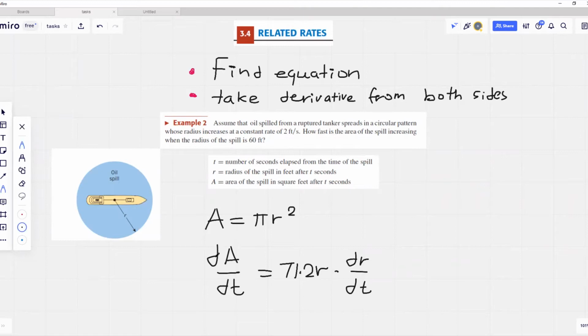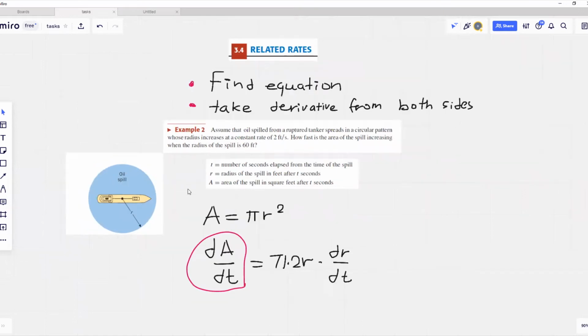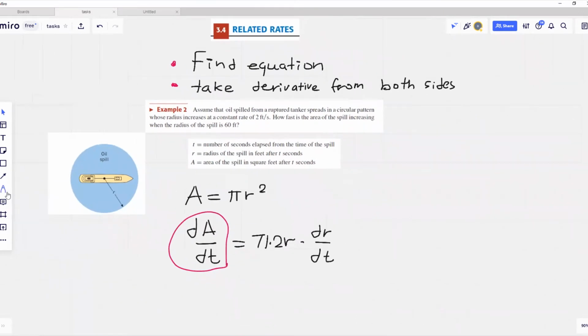All right, now we need to find how fast the area of the spill is increasing when the radius of the spill is 60 feet. So we need to find the rate of change of area with respect to time, and we need to find this value when the radius of the spill is equal to 60 feet.